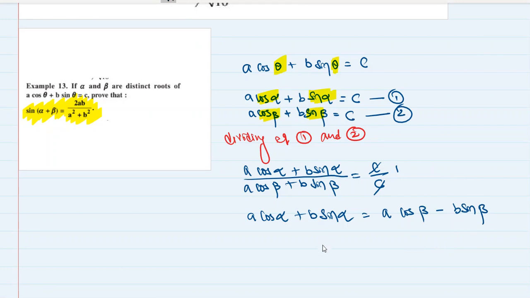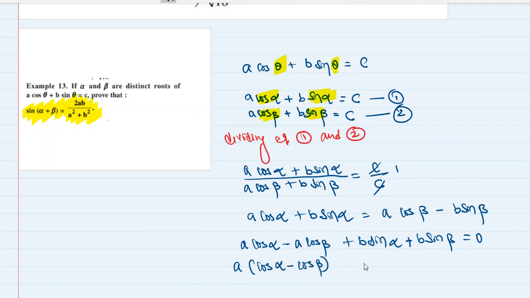So we can write it as A cos alpha minus A cos beta plus B sin alpha plus B sin beta is equal to 0. If A comes out common, we have cos alpha minus cos beta, and if B comes out common, we have sin alpha plus sin beta, right?